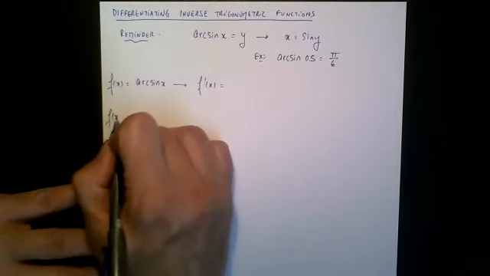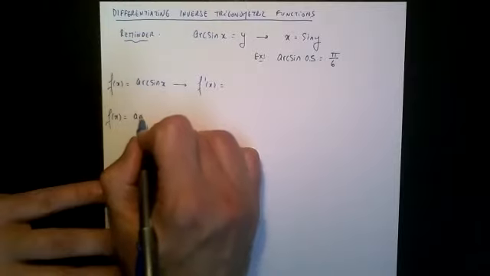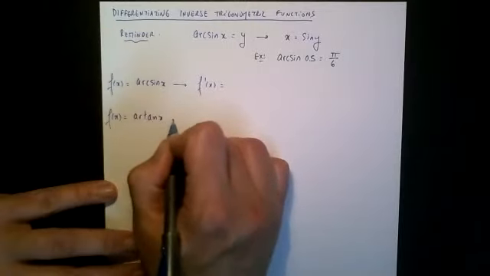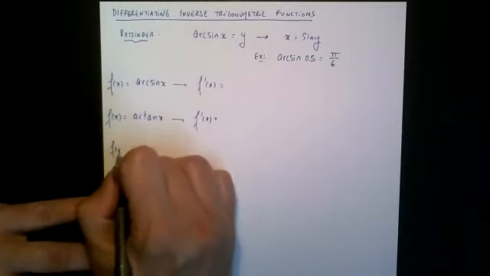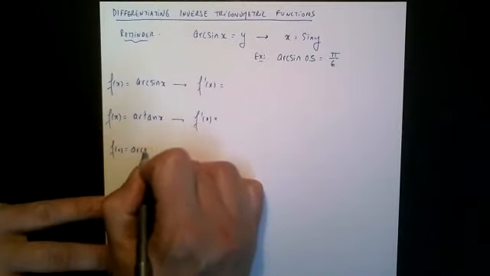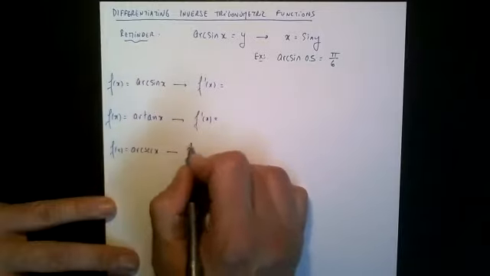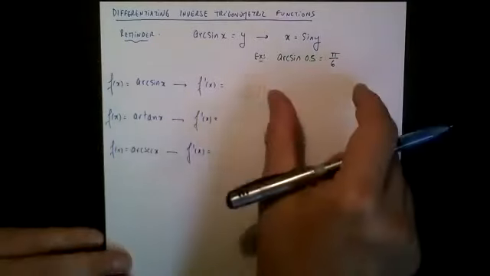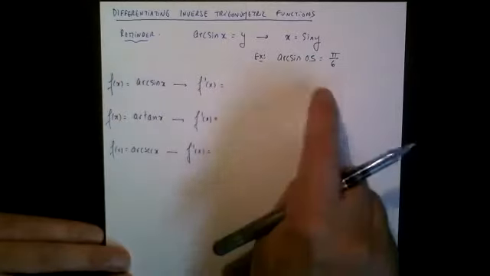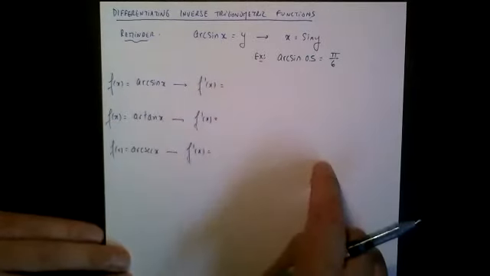If f of x is equal to the arc tan of x, then f prime of x equals. And if f of x is the arc secant, then f prime of x equals. Let's do these three first, and then on this side, I'm going to do the arc cosine, arc cotangent, arc cosecant.